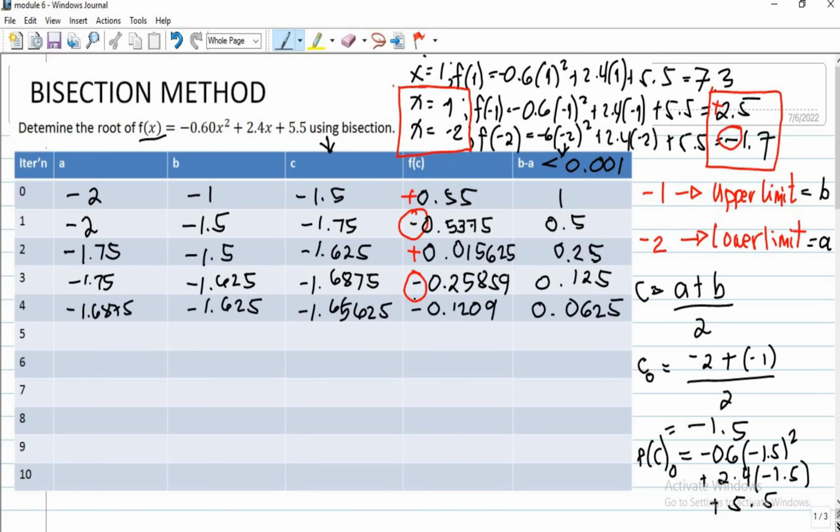Ulitin ko lang. Pag negative si FC, ang magbabago ay si A, magre-remain si B. Okay? So if I'm going to continue my iteration, ang target ko dito dapat yung B minus A ko ay almost lower than or equal to 0.001. So I'm going to continue my iteration.